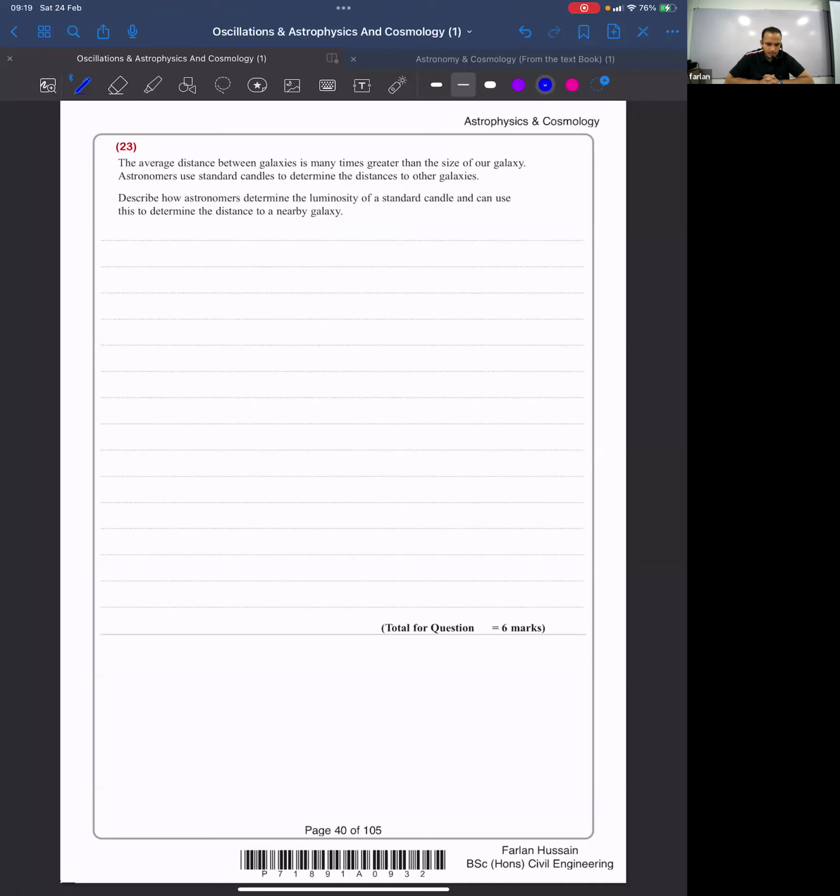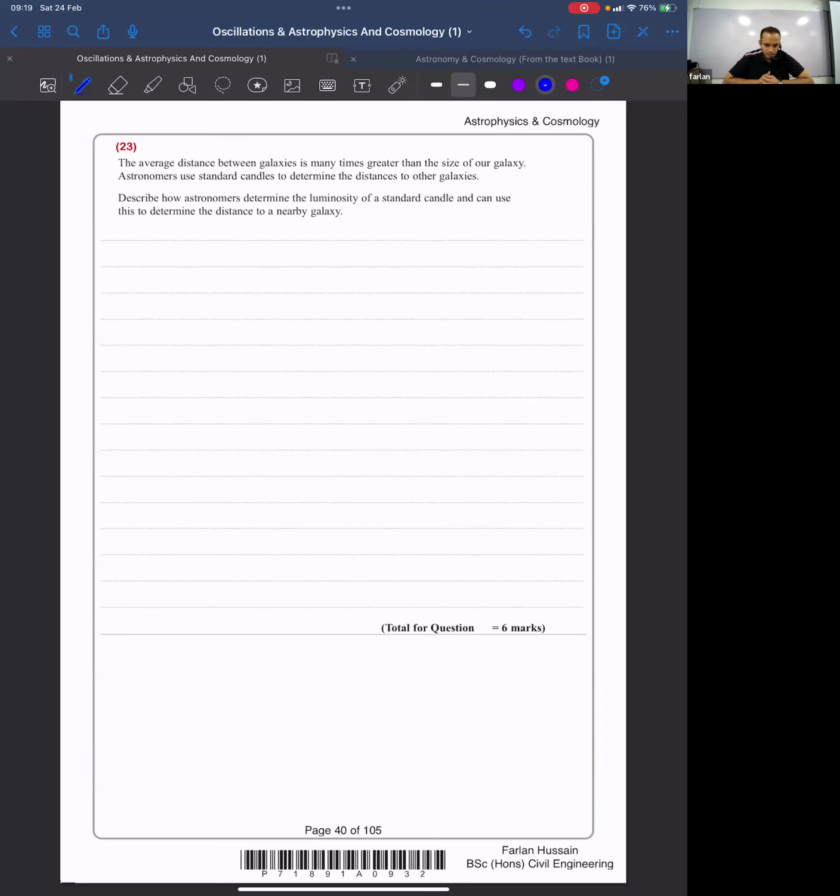Astronomers use standard candles to determine the distances to other galaxies. Describe how astronomers determine the luminosity of a standard candle and can use this to determine the distance to a nearby galaxy. It's a 6 marker.